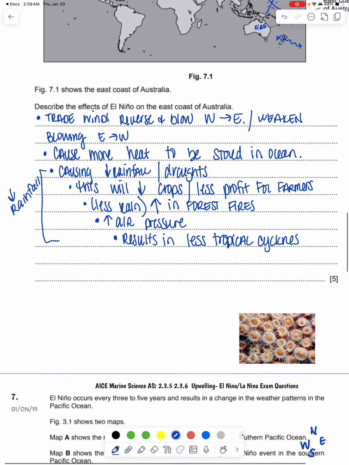But wait, there's more. So the warmer ocean water, we already mentioned it's going to be warmer, but I'm just putting it there again for context.